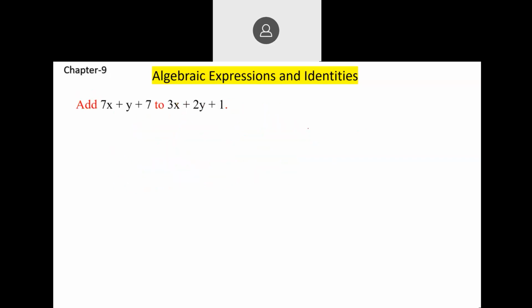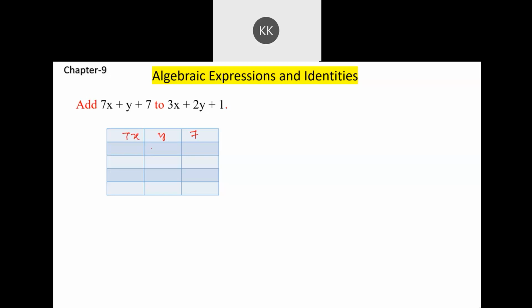Here are a few questions related to addition. As we had discussed, like terms are to be added. It's very important for us to write them one below the other. Suppose I am mentioning like terms, unlike terms, 7x plus y plus 7 like this, and 3x should be written just below 7x, and 2y should be written below y, and 1 should be written here.